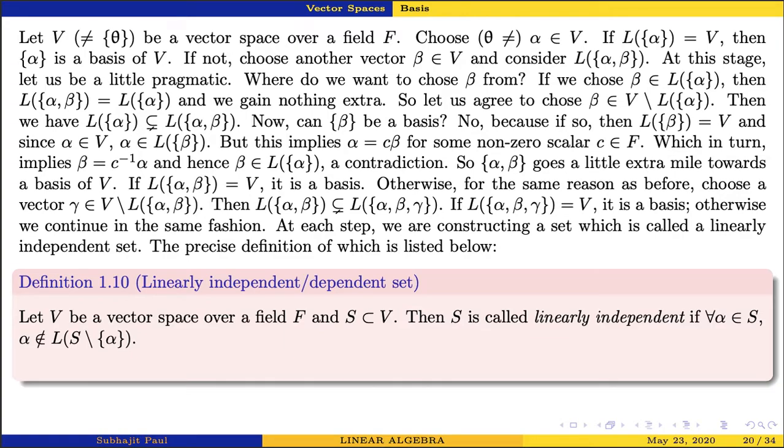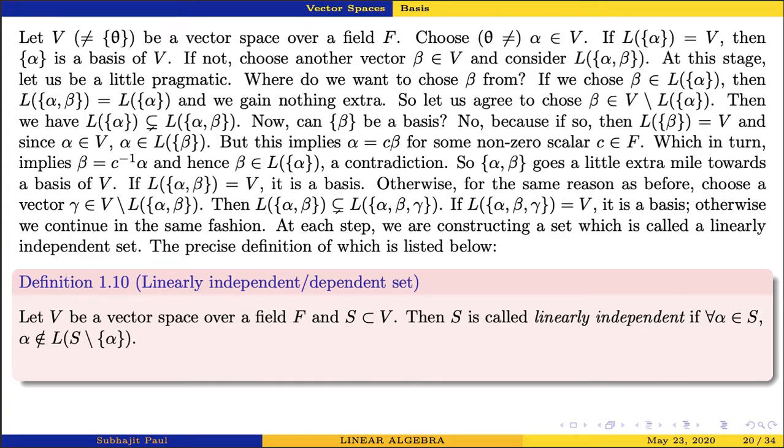Let V be a vector space over a field F, and S is a subset of V. Then S is called a linearly independent set if for every vector alpha in S, alpha does not belong to the linear span of S minus alpha. So if you remove a vector from there, you are definitely going to lose some vectors from the linear span.